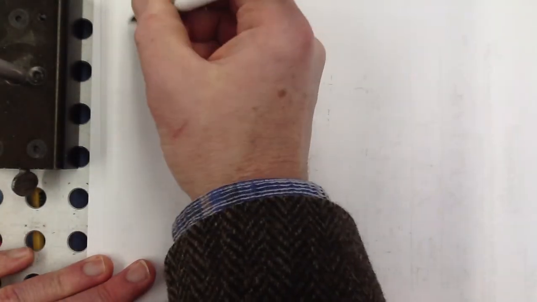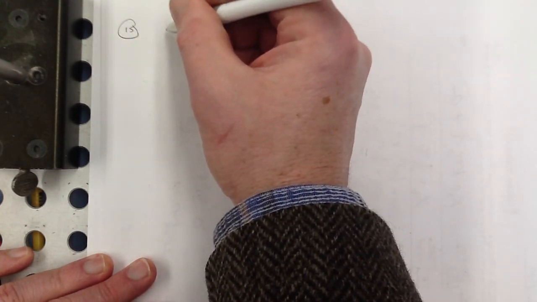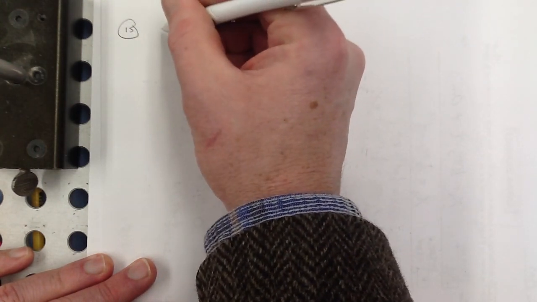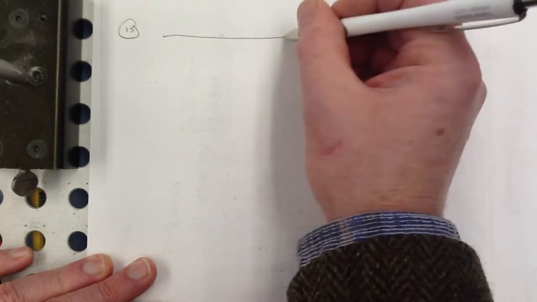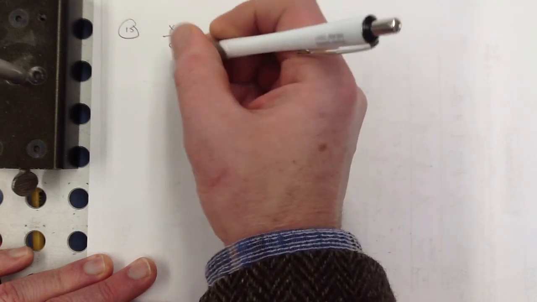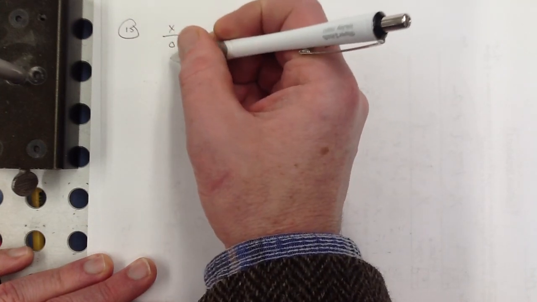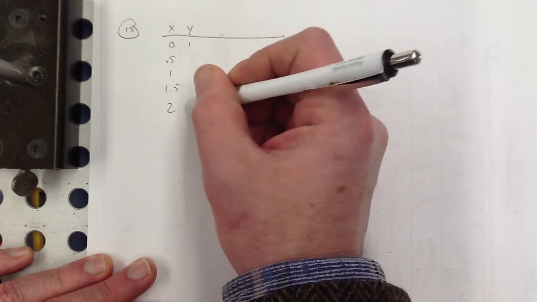And then the last one, number 15. Is this one only 4 steps? This is only 4 steps, so I'm not going to cry. I'm just going to math up and do it. So what do we have? We're starting at 0, 1. We're going up by half-steps till we get to 2.